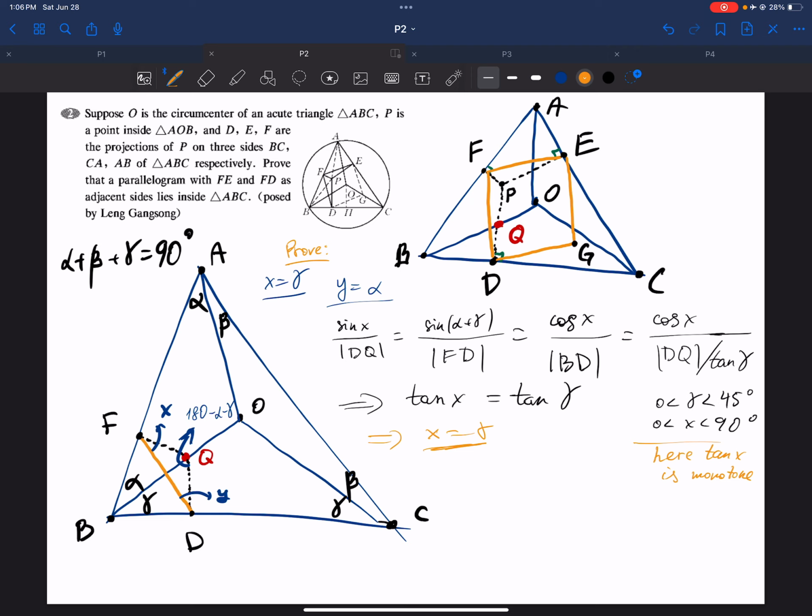All right, but now since x equals gamma, let me use the red color. It means that this angle here is 90 degrees plus x, or plus gamma. This one here is alpha plus beta.